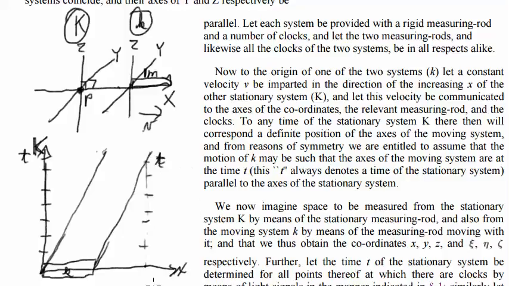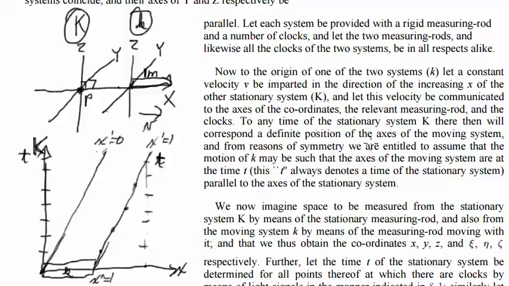Alright. So to any time of the stationary system K, there will correspond a definite position of the axes of the moving system. So you can see that the moving system, we'll call this x prime equals 1. This line will represent x prime equals 1, and this line will represent x prime equals 0.